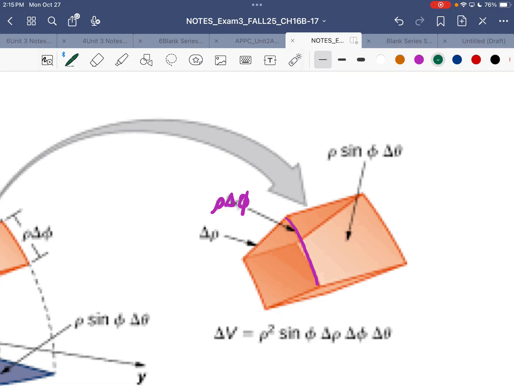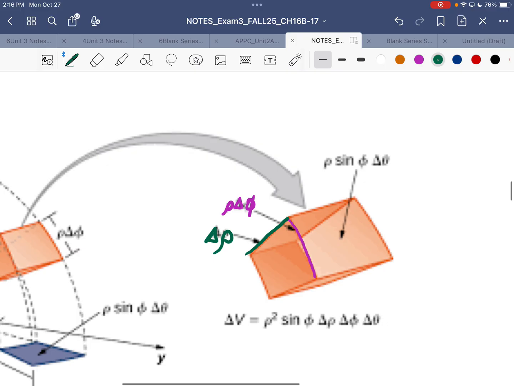And then this part here is our change in rho. And this last piece is kind of like r d theta, like in polar. And then r d theta is rho sine phi change in theta.